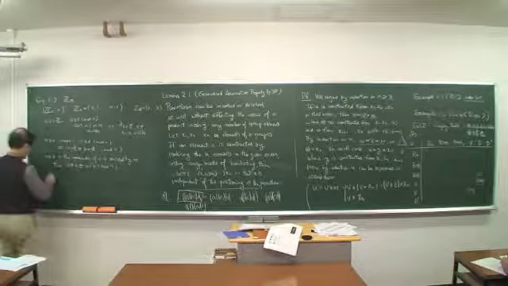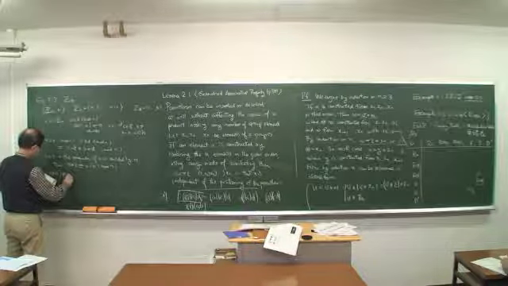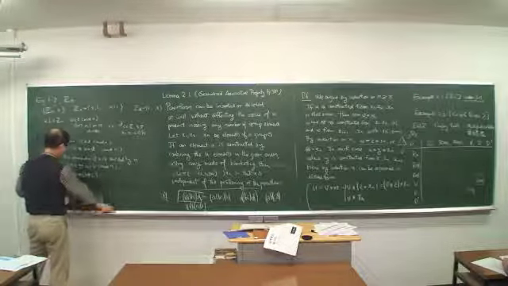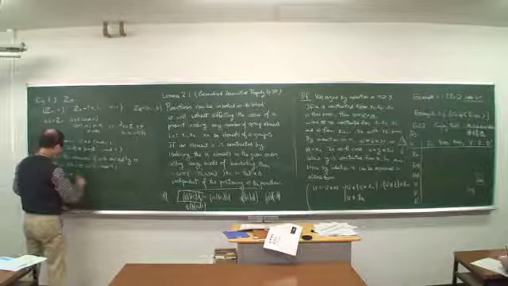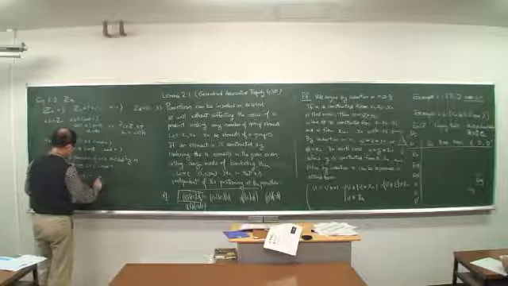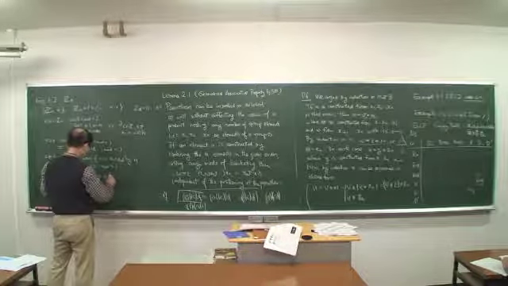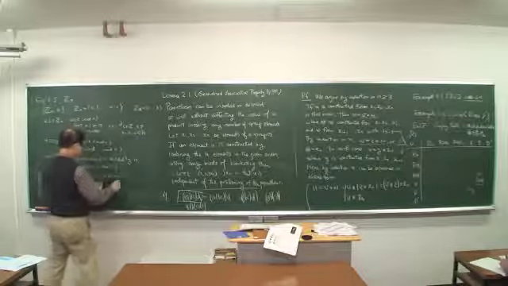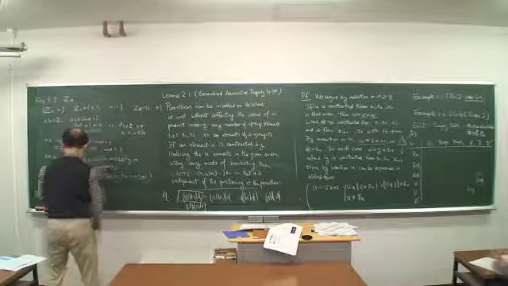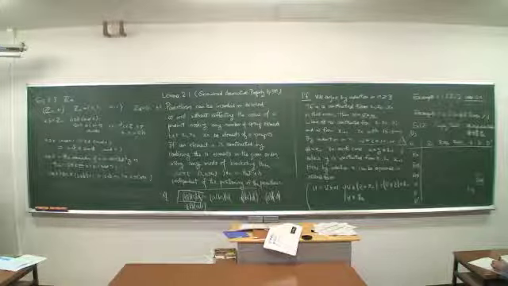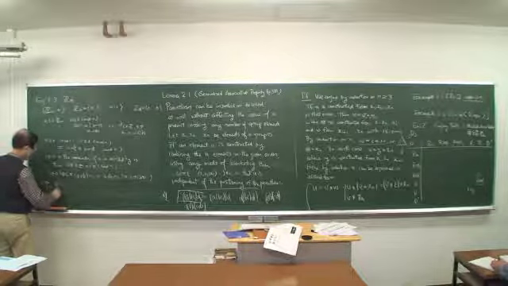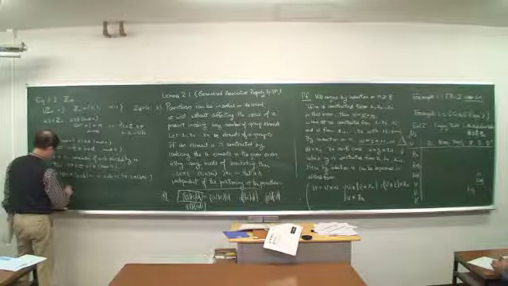Then a plus b plus c equals a plus b plus c. This is equal to a plus b plus c. So using this operation, Zn plus, or we just use plus notation, it is a group.